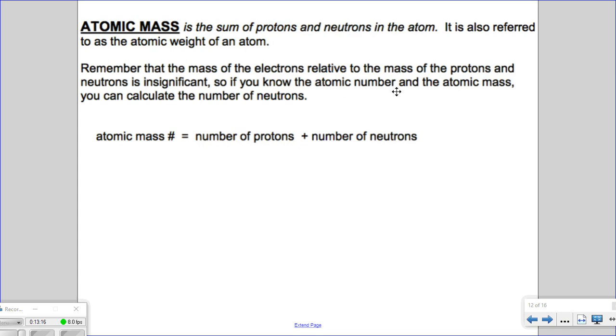The atomic mass number is equal to the number of protons plus the number of neutrons. So you can take the atomic mass, subtract the number of protons, and you will get the number of neutrons.